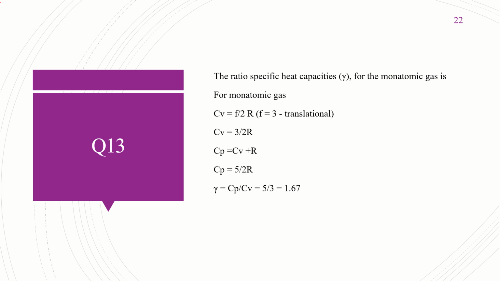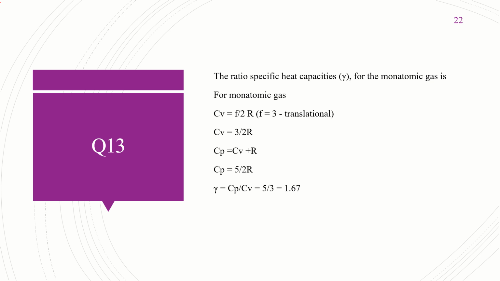At constant volume, that is Cv. If it is Cp, it is at constant pressure.